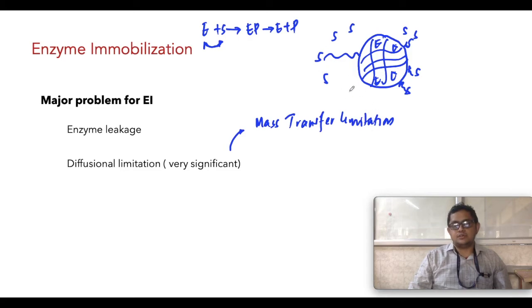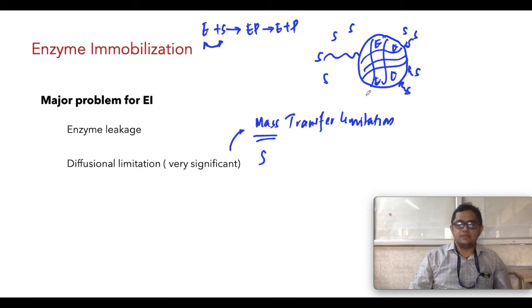Whenever such a phenomenon happens, not all the substrate available in the bulk liquid can penetrate and access all the enzyme present in the beads. This causes a severe limitation in the movement of the substrate. Here the mass is nothing but the substrate. This is what we call a mass transfer limitation with respect to the substrate getting access to the enzymes.